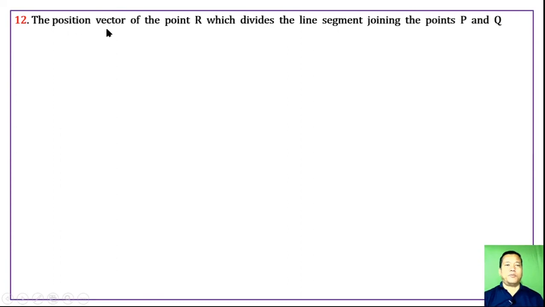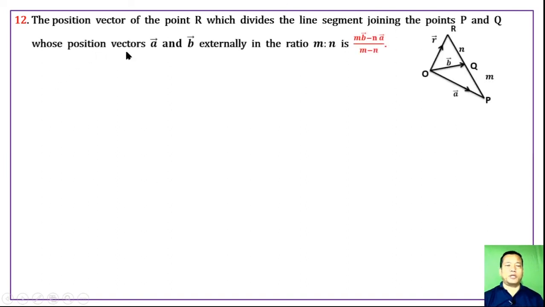The position vector of the point R which divides the line segment joining the points P and Q whose position vectors are a vector and b vector externally in the ratio m is to n is mb vector minus na vector by m minus n.